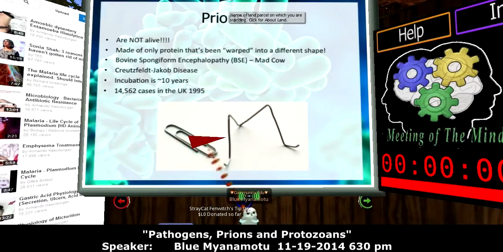Our brain is full of prion proteins; all of our cells have these. The scary thing about prion disease is that it's a slow conversion of all these regularly shaped proteins, called alpha helices, into beta-pleated sheets. It is just a protein that's been warped into a different shape, and they're not alive. These are purely proteins.